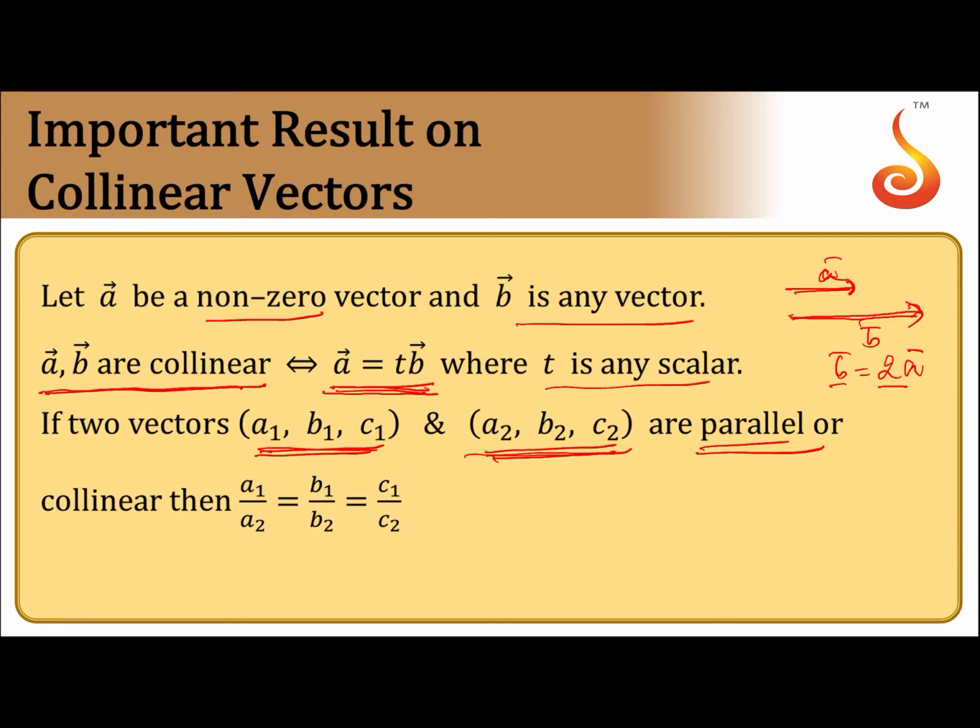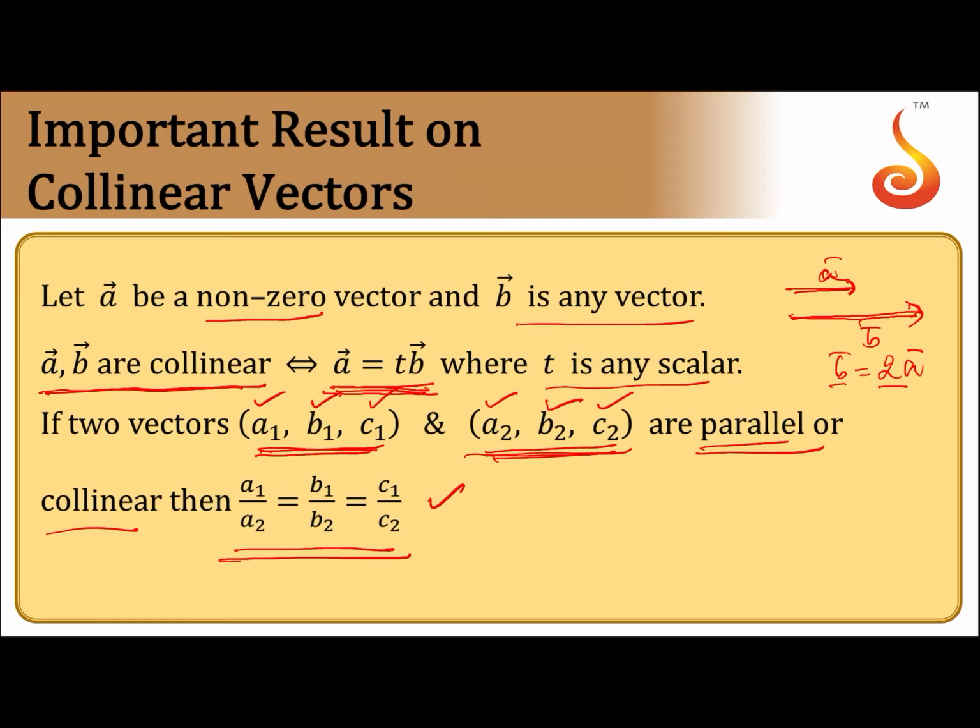If both vectors are parallel or collinear, then their corresponding components should be in proportion. That means A1 by A2 is equal to B1 by B2 equal to C1 by C2.